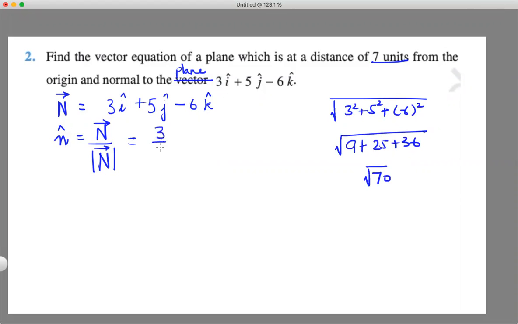So this has become 3 by under root 70 i plus 5 by under root 70 j minus 6 by under root 70 k.